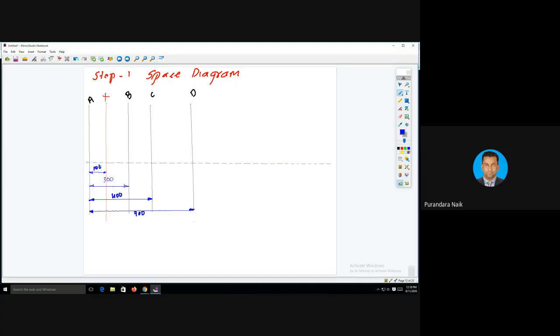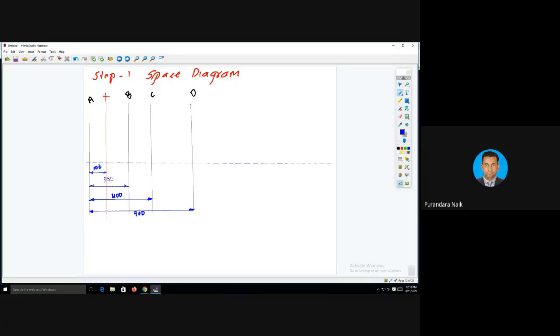Plane Y, the distance between A to Y is 500 millimeter. But the distance between X to Y is 400.